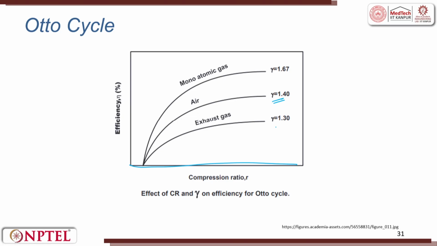For exhaust gas, gamma is equal to 1.3. For a monoatomic gas, gamma is 1.67. This is what people try to play with to get higher efficiency. So the effect of the compression ratio with respect to gamma on the efficiency of an Otto cycle is shown here. Thank you very much.